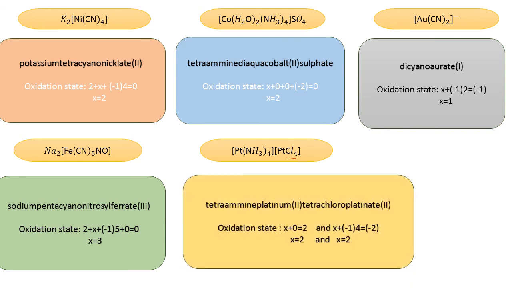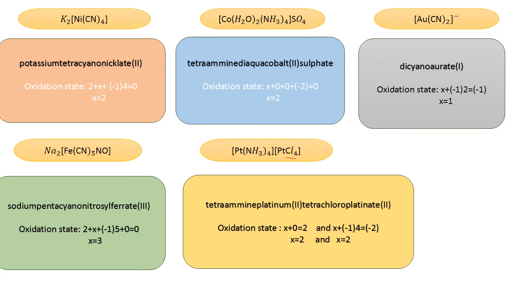Here there are two central metal ions, and two complexes together in one coordination compound. So we are writing it as tetraamine platinum 2 tetrachloroplatinate 2.